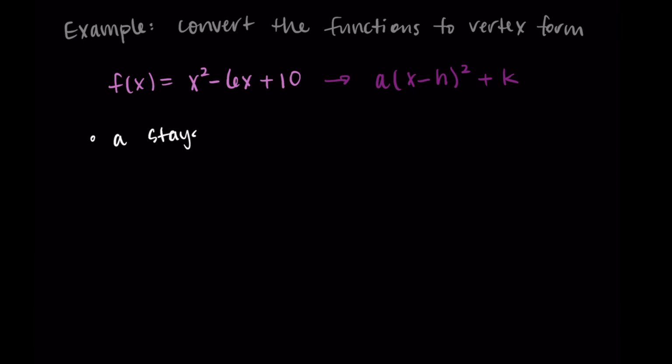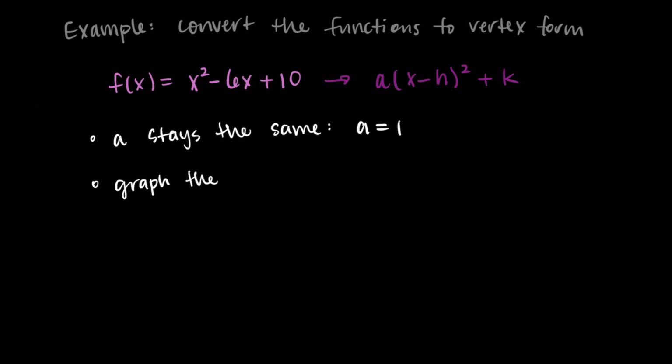Without doing any other work, we already know our leading coefficient, our a. The a value stays the same between standard and vertex form. So our a value is going to be 1, since we have 1x squared in standard form.